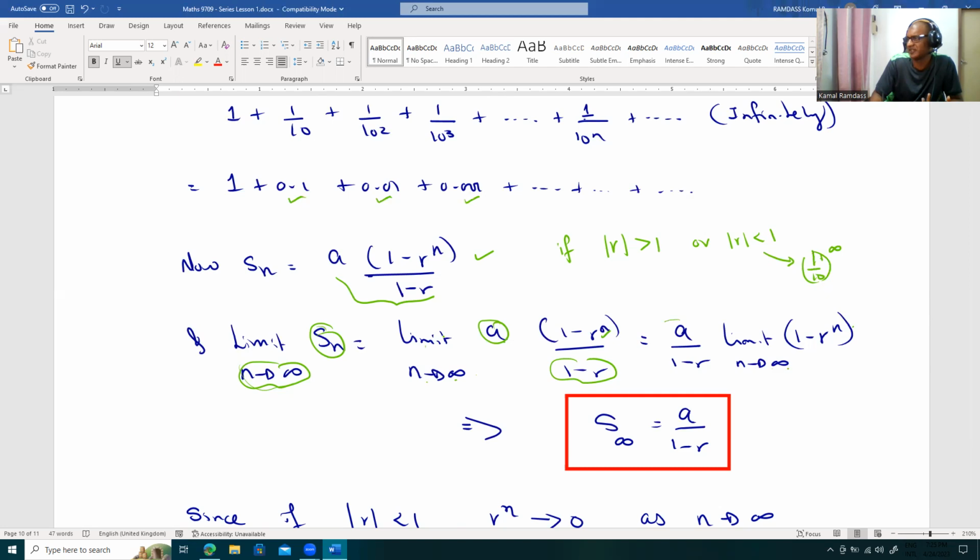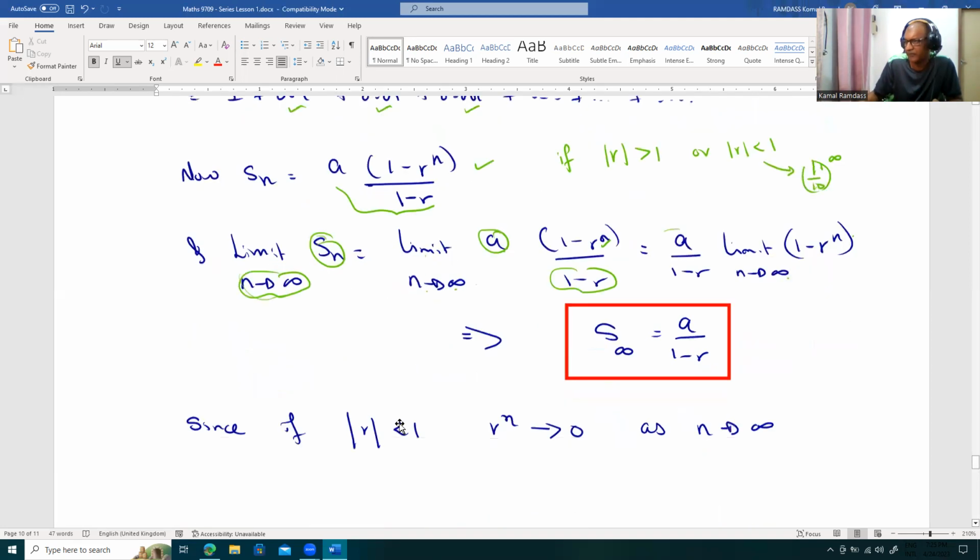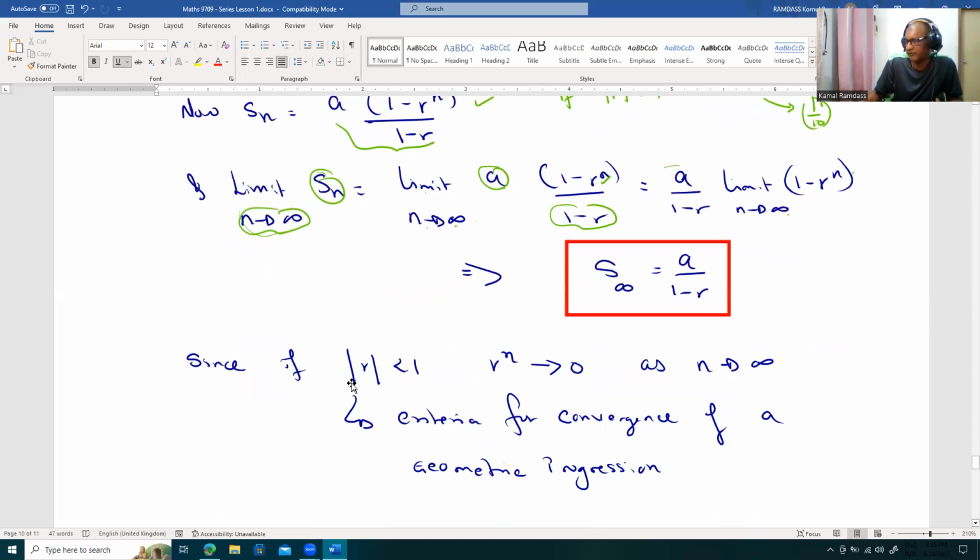Qu'on appelle such a series, c'est where the modulus of the common ratio is less than 1. Ça veut dire, if modulus of the common ratio is less than 1, ça veut dire r to the power of n tends to 0 as n tends to infinity, c'est même ce que j'ai expliqué là. Et this is a criteria for convergence of a geometric progression.